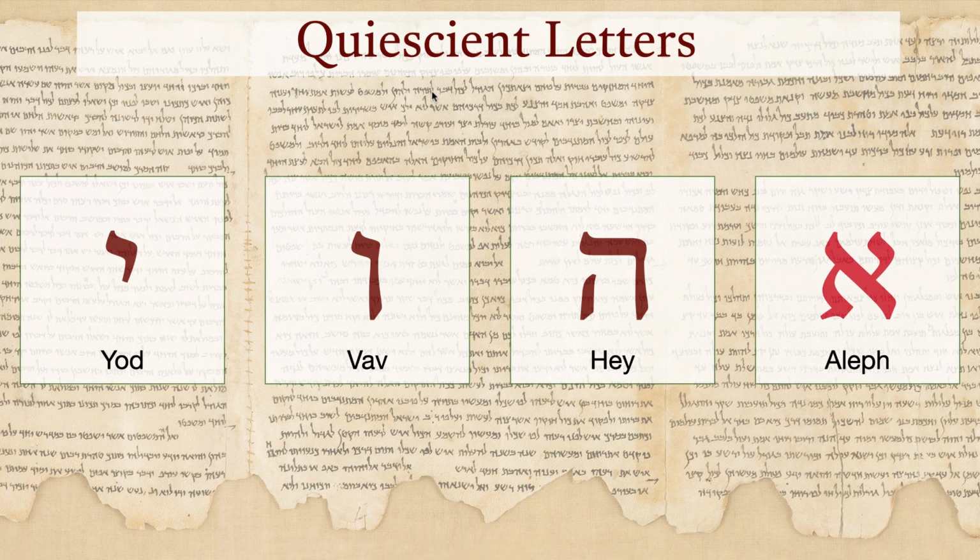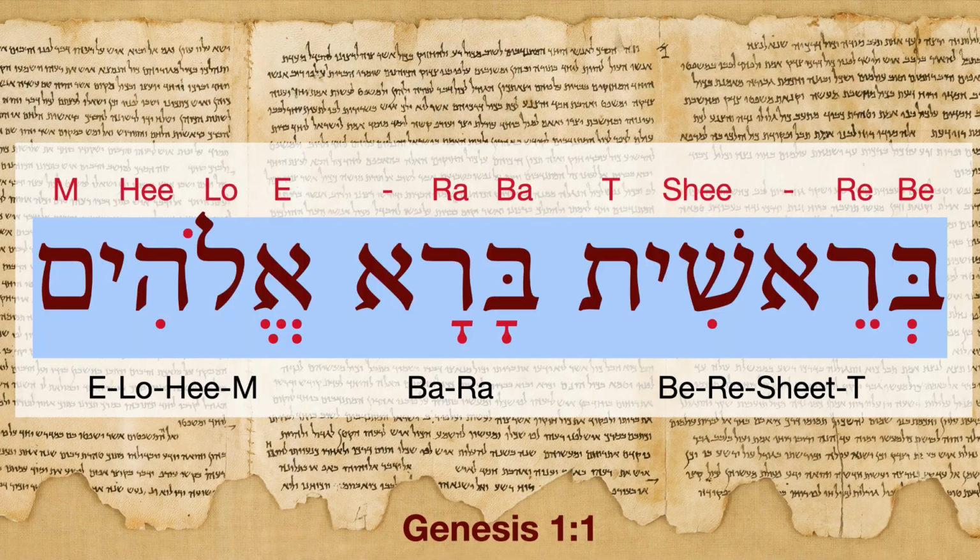And you would have noticed that there are quiescent letters, as I mentioned in the last video. We have aleph, he, vav, yod. These are quiescent letters and they are silent if there is no vowel. In our previous slide, this aleph is quiescent and this aleph is also quiescent, whereas here this aleph is pronounced because there is a vowel underneath.